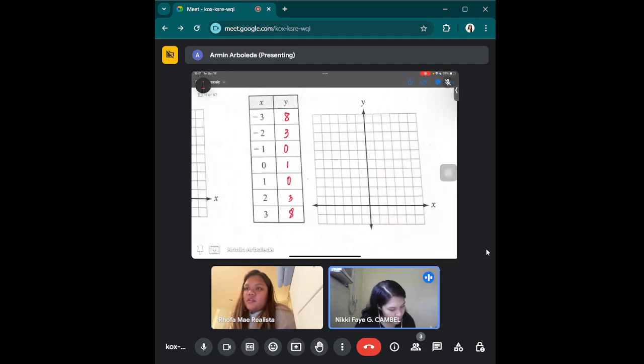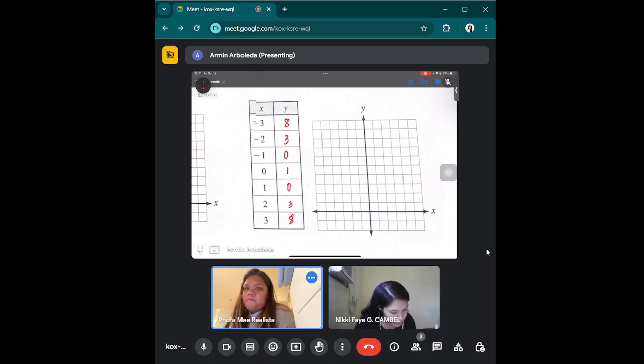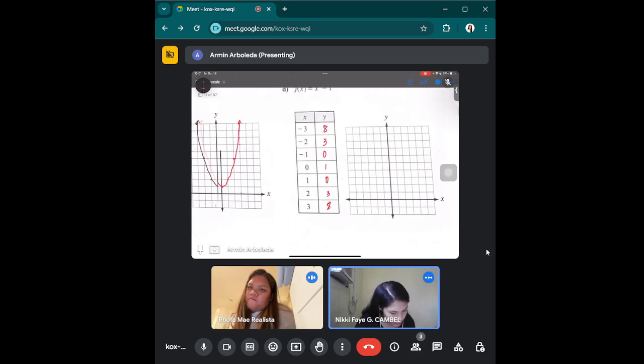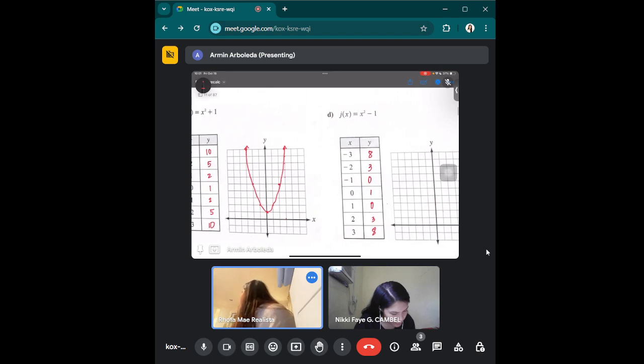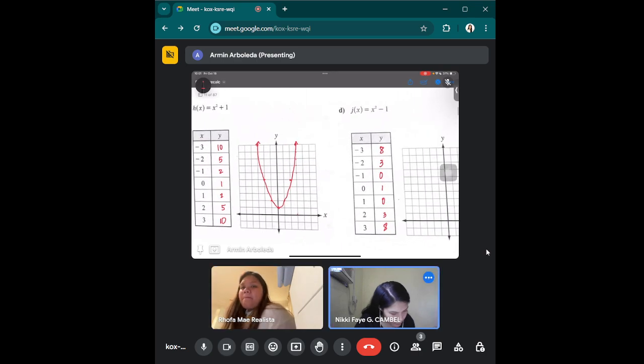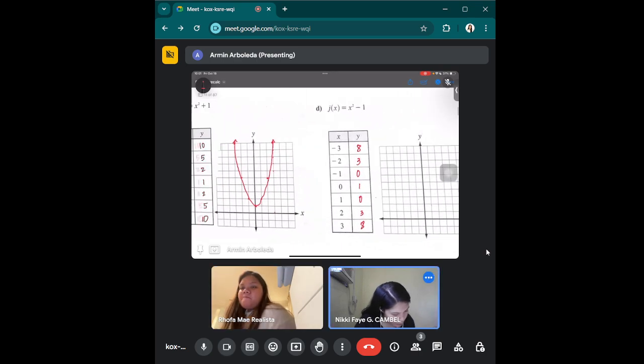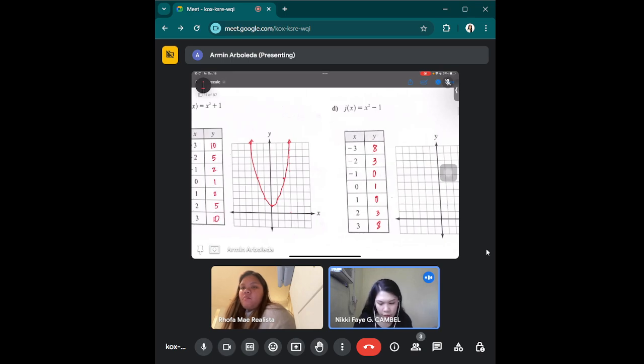So, graph natin. Start with the vertex, 0 and 1. Saan sila? Same vertex. This is positive. Wait lang po.